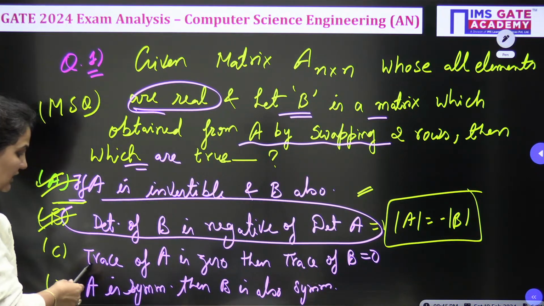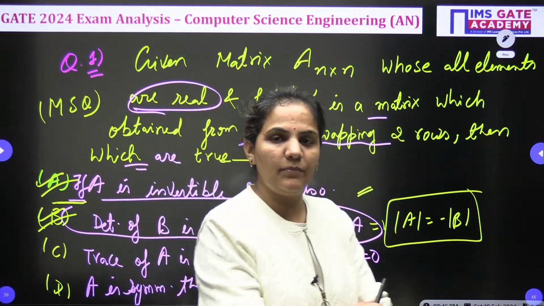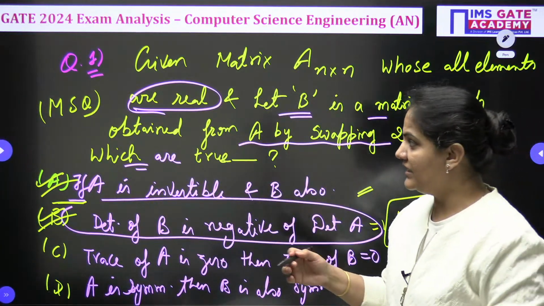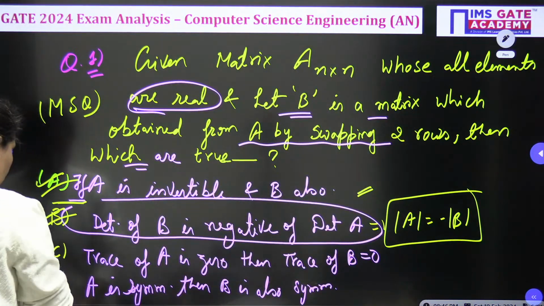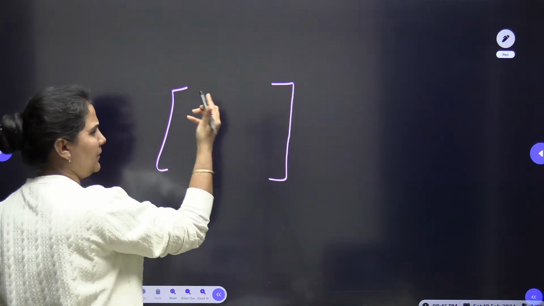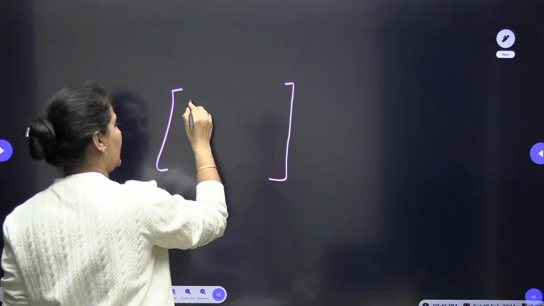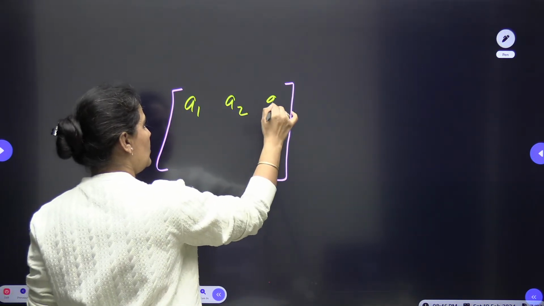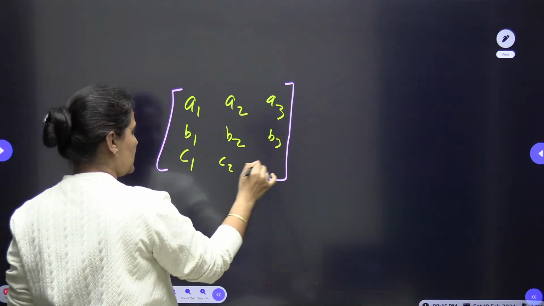Coming to the third statement, option C: trace of A is 0, then the trace of B is 0. If the trace is 0 for matrix A, should it be 0 for B also? You can check here. Suppose I take any random matrix, or write A1, A2, A3, B1, B2, B3, C1, C2, C3.